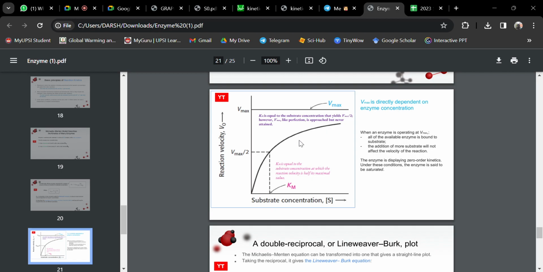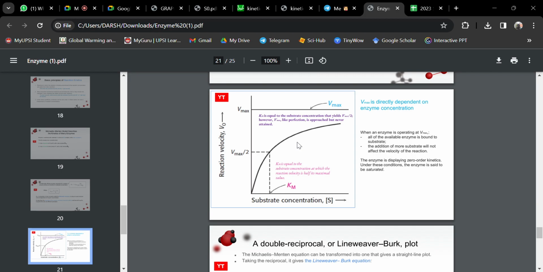At one point it will not meet the Vmax, the actual Vmax, because the line is what we call an asymptotic line. If you remember your math, an asymptotic line will not meet that Vmax.